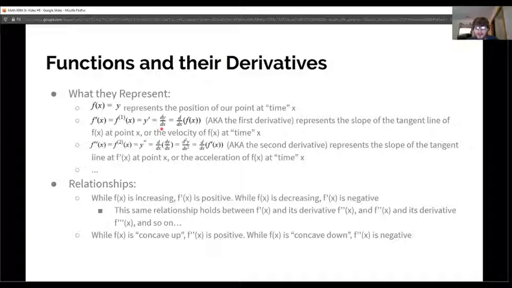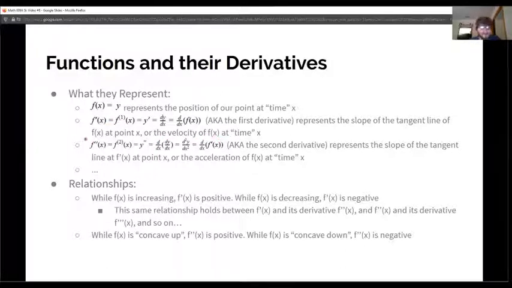Dy over dx, this is saying the derivative of y in terms of x, or d over dx of f of x. And this is also known as the first derivative. This represents the slope of the tangent line of f of x at point x. Or if f of x is our position, then f prime of x gives us the velocity of f of x at time x.